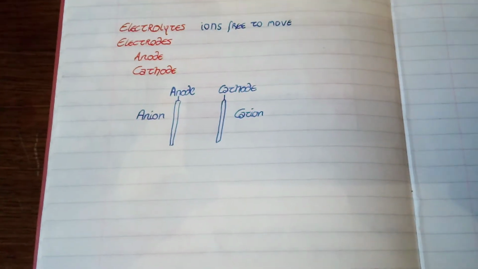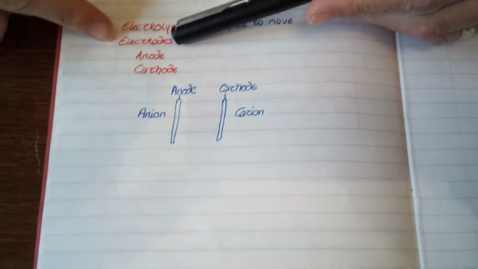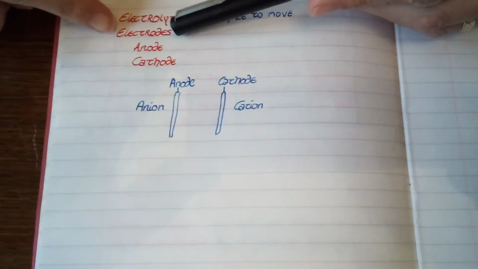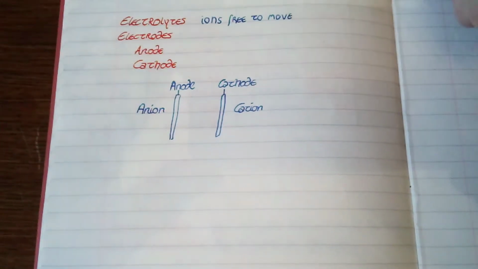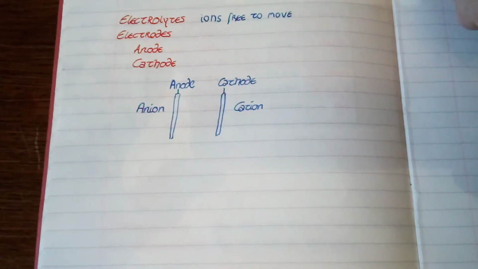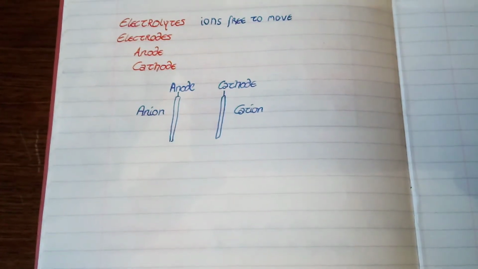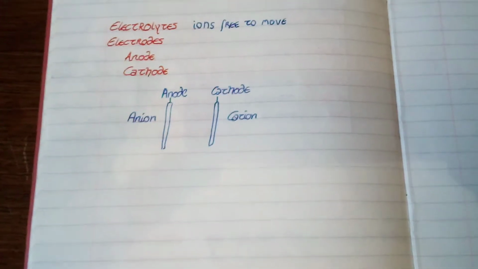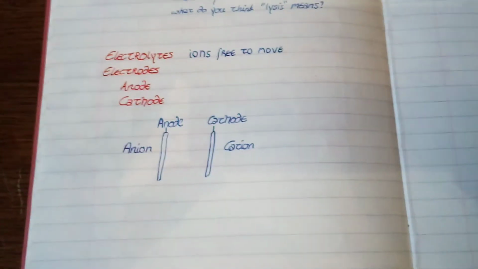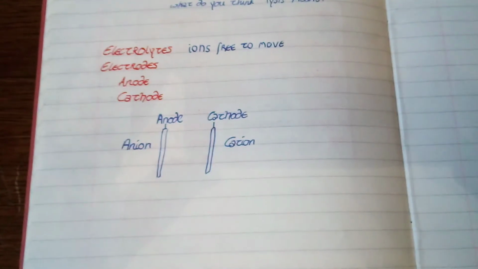So next word, electrodes. Okay, and our electrodes, there's two different ones, the anode and the cathode, which I'm going to come to in a minute. The electrodes are two bits of usually graphite or copper, which are dipped into your electrolyte.